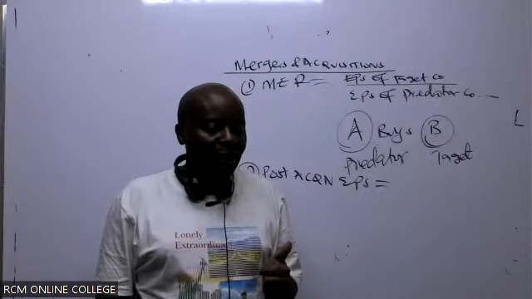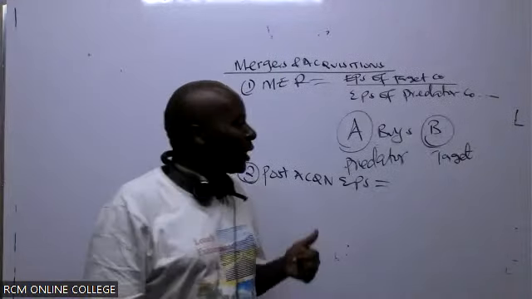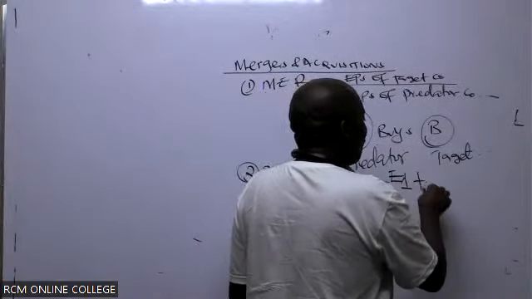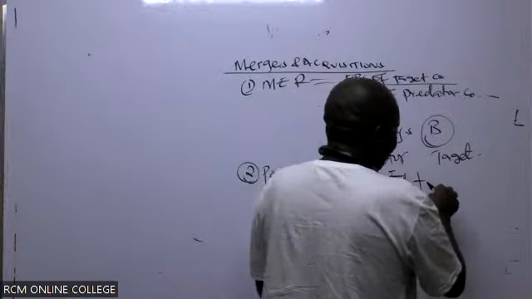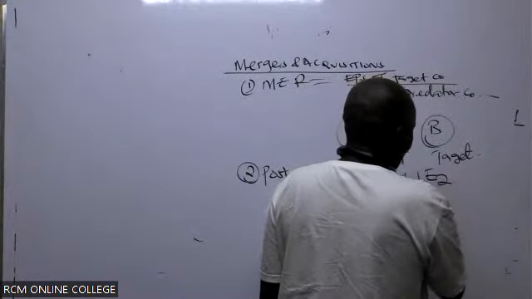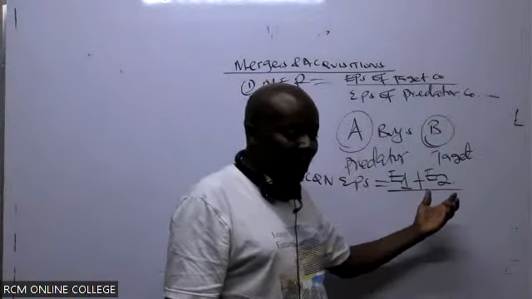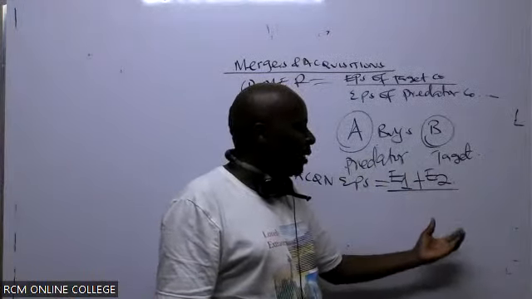Post-acquisition, yes. So post-acquisition, the two companies now will become one. So we'll talk of earnings of company one plus earnings of company two, post-acquisition. Now the second company has been acquired.